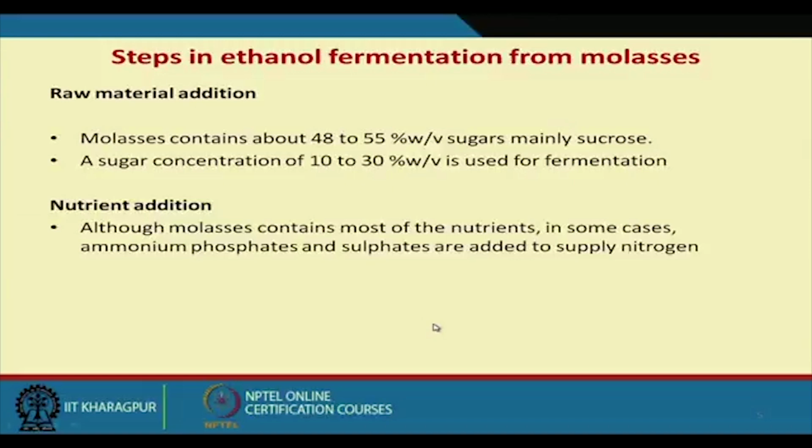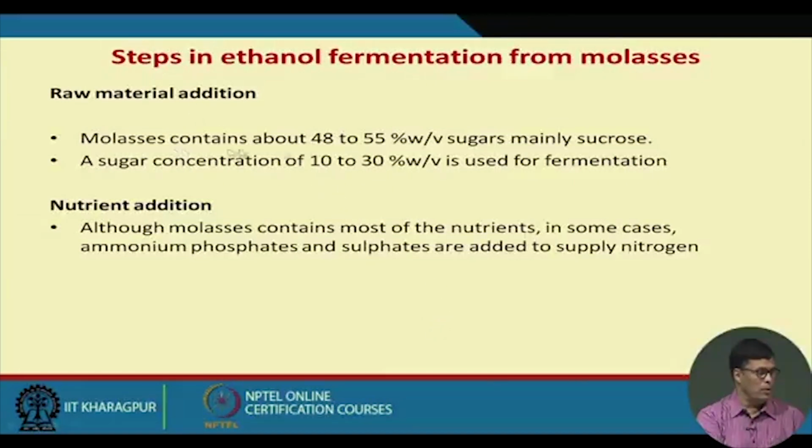in the fermenter. Now the raw materials addition: molasses contains 45 to 55% weight by volume sugar, and the sugar concentration of the fermentation broth usually varies from 10 to 30% weight by volume.